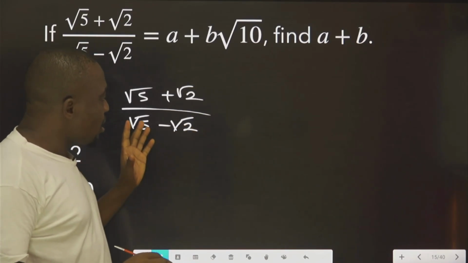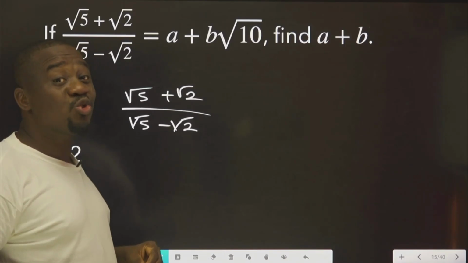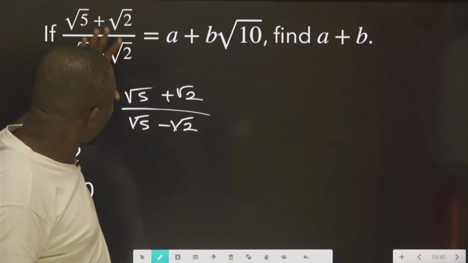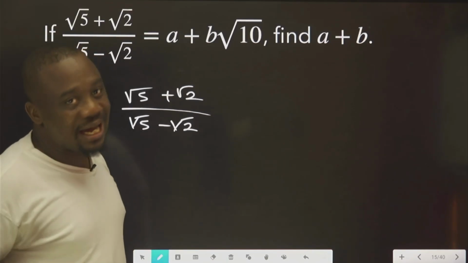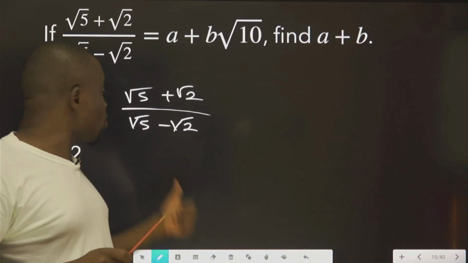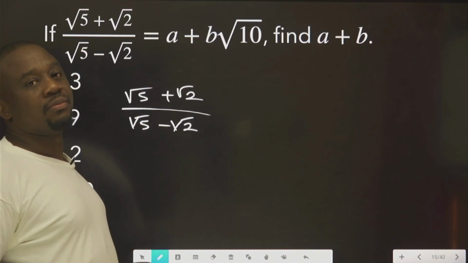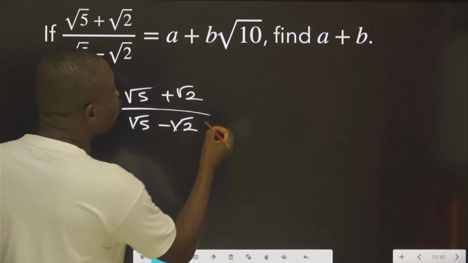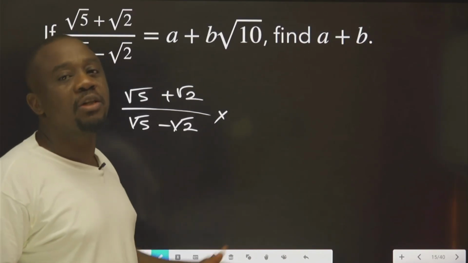One thing you must always put at the back of your mind is to rationalize the denominator. This question now, nobody is telling you what to do. It's for you to remember that it is forbidden for surds to have square root at the denominator. We don't allow it. So we have to rationalize the denominator by using the conjugate of the denominator.